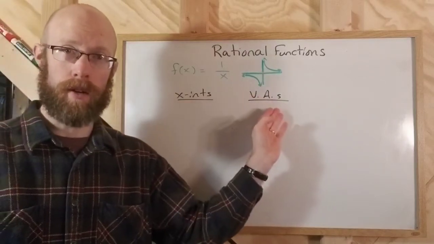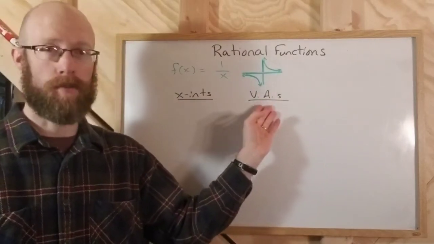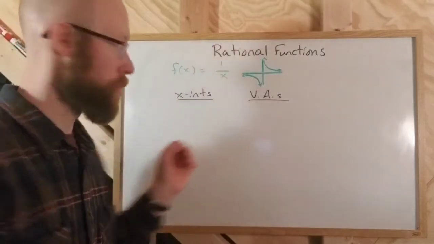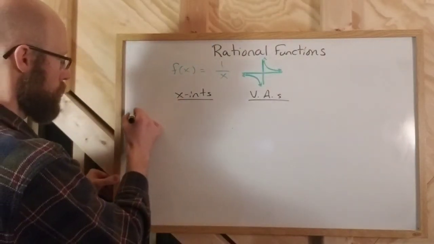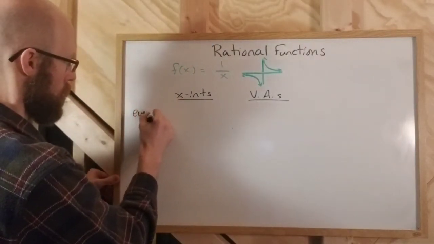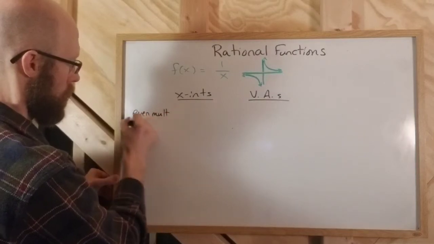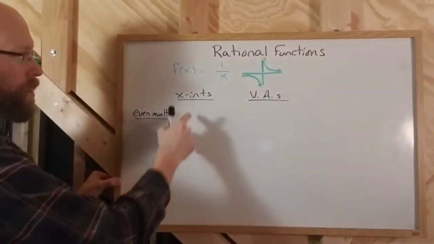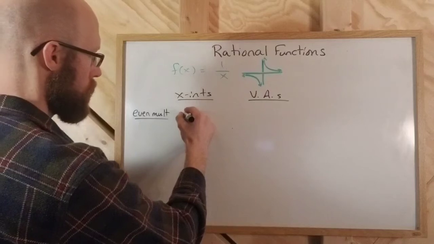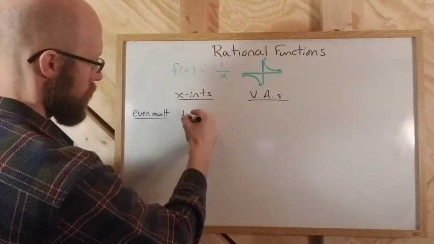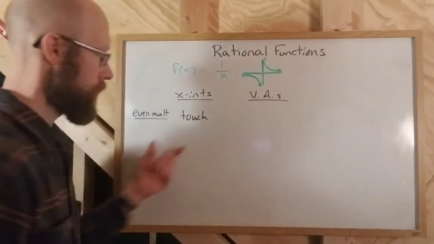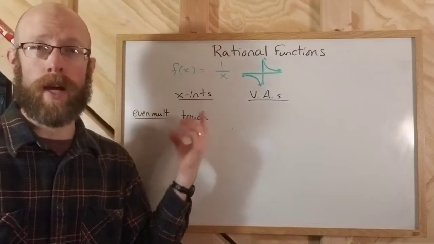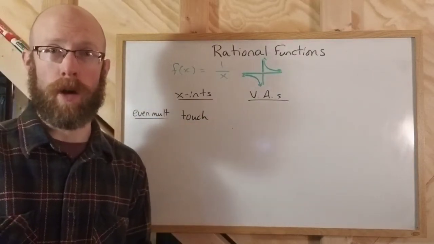In the denominator, you're going to have vertical asymptotes. And if the multiplicity is even, okay, with an even multiplicity, the graph is going to touch at the x-intercept. And that's true for rational functions too, not just for polynomials.